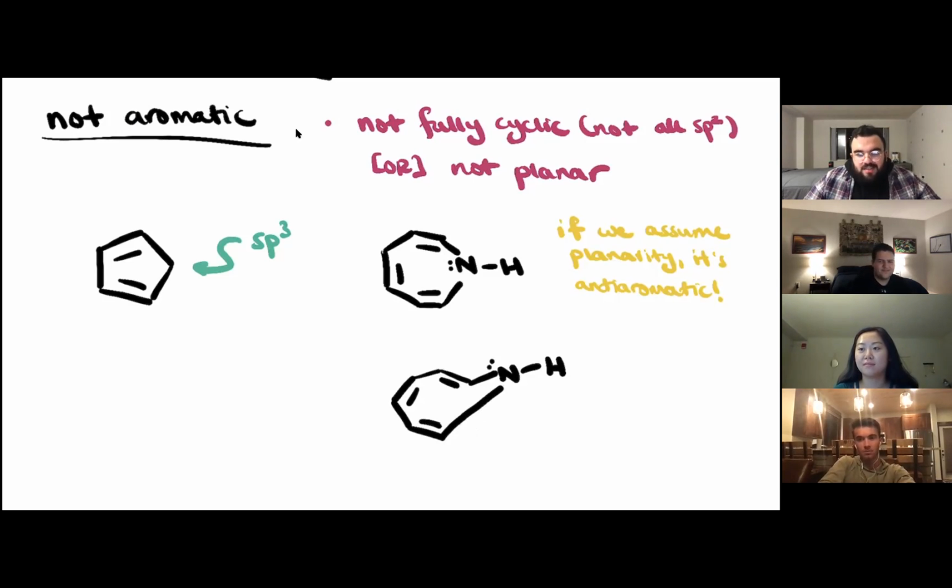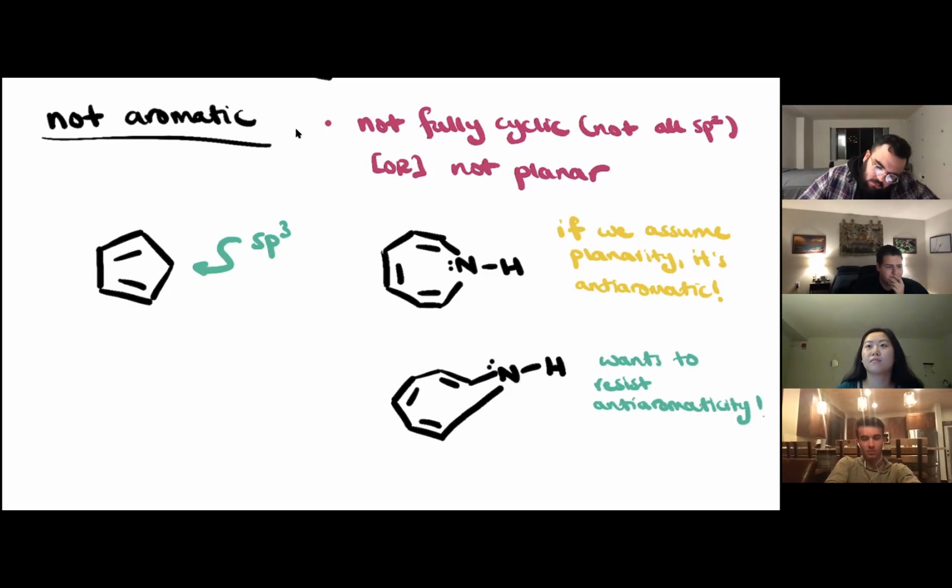This compound actually is not planar because this nitrogen kind of puckers up just a little bit in order to resist anti-aromaticity, right? Because it wants to resist anti-aromaticity, it distorts itself out of shape so that it's not aromatic and hence not as unstable.